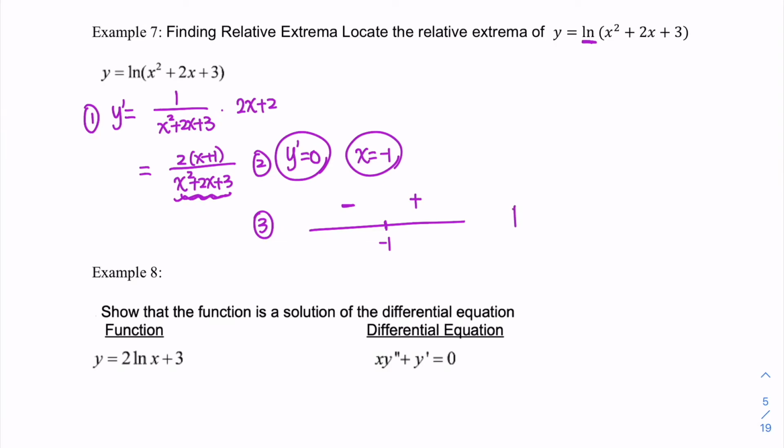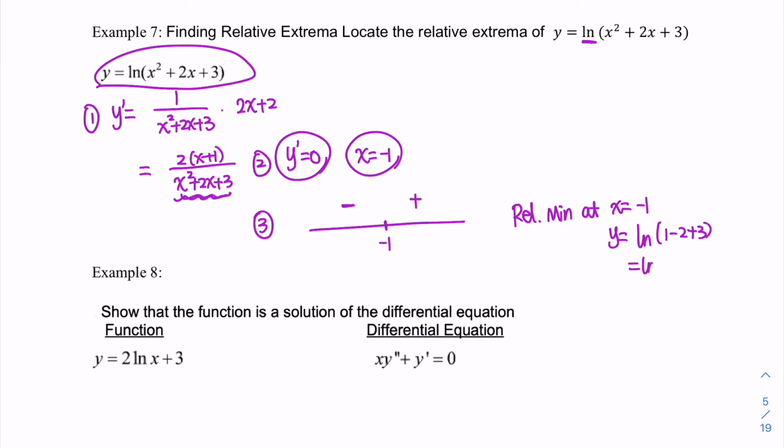That gives us a relative minimum at x equals negative 1. For y, we plug negative 1 into the original function: Ln of (1 minus 2 plus 3) gives us Ln 2. That's our relative minimum value.